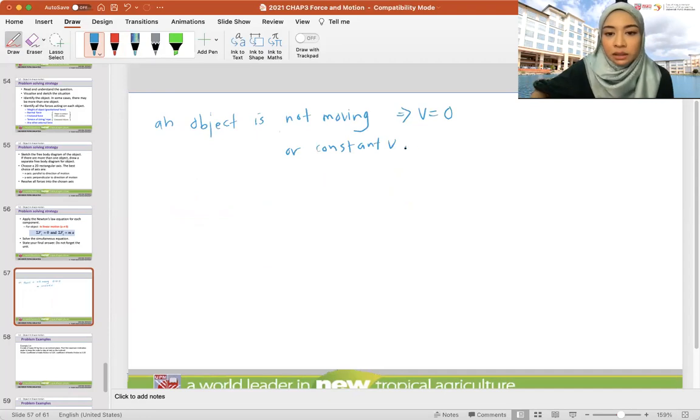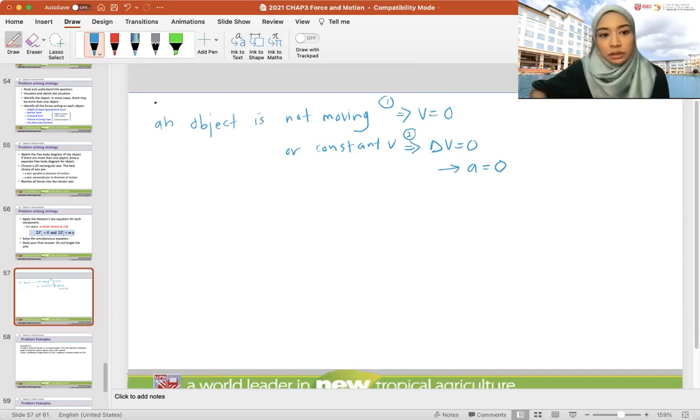Constant v meaning the change in v is equal to 0, or acceleration is equal to 0. So these two conditions mean your object is in equilibrium.